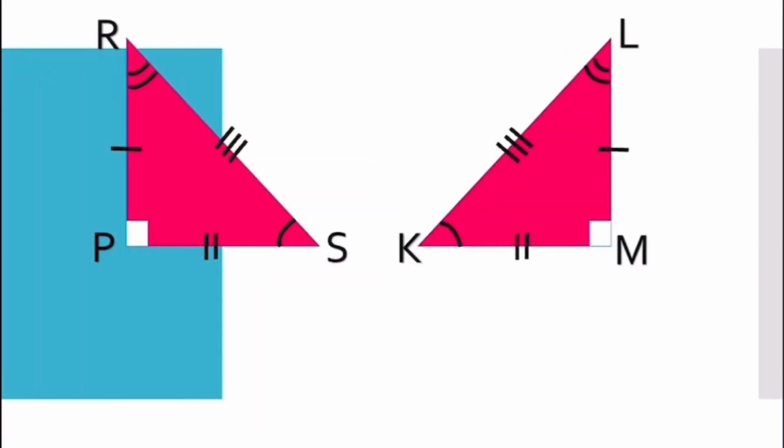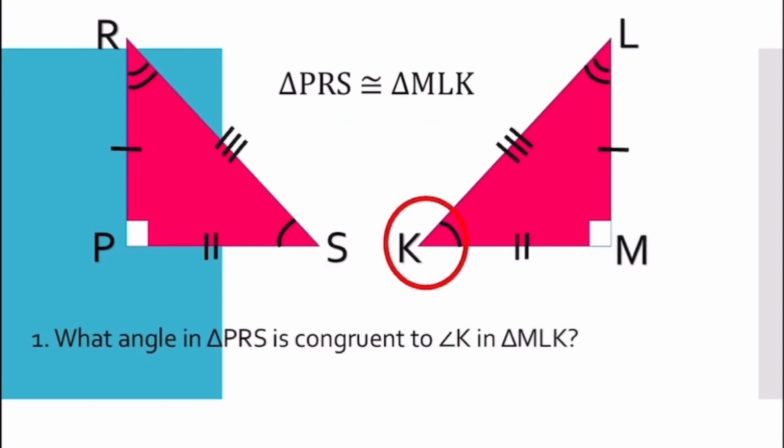For our next example, given 2 identical triangles with marked congruent parts, triangle PRS is congruent to triangle MLK. So let's answer the following questions. For my first question, what angle in triangle PRS is congruent to angle K in triangle MLK?